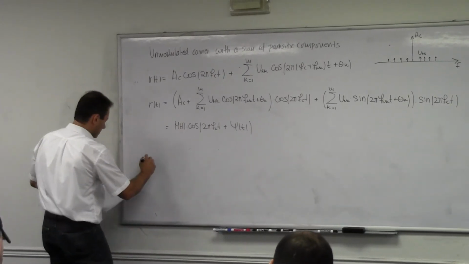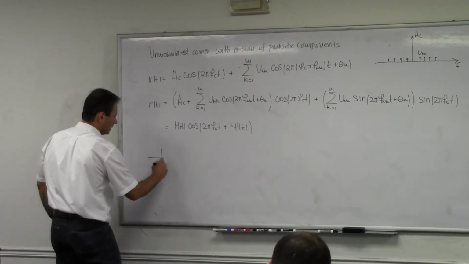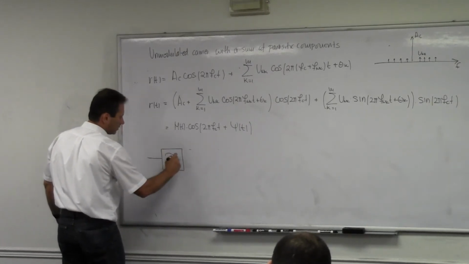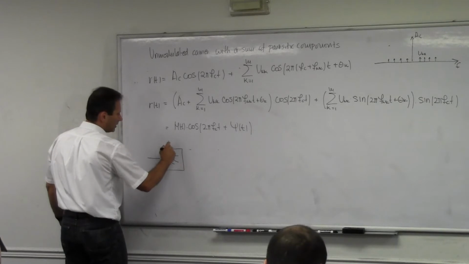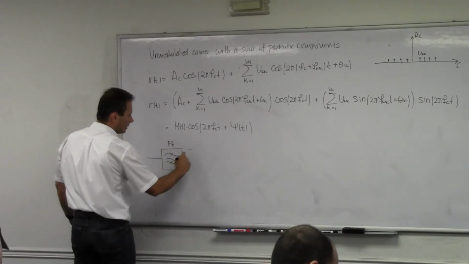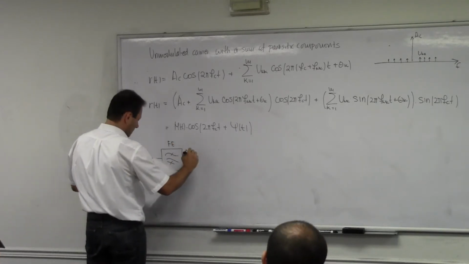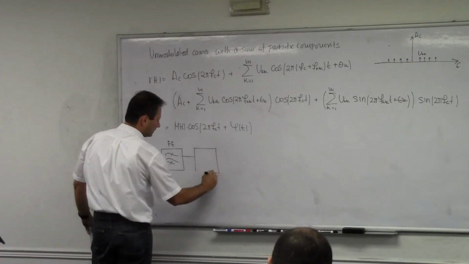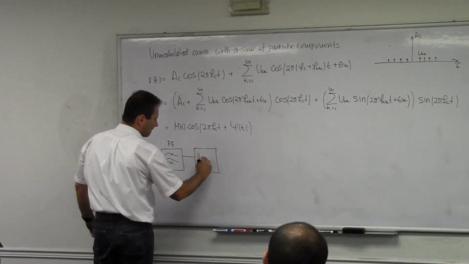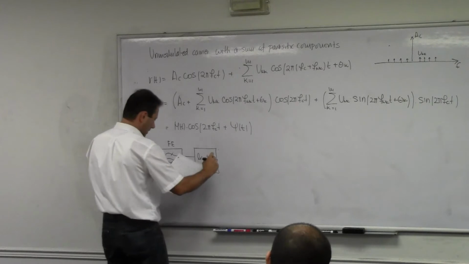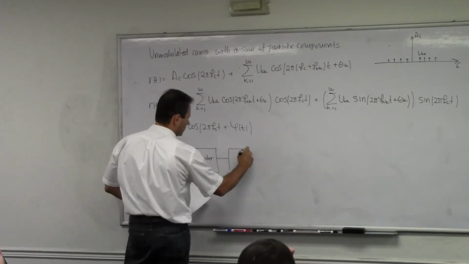so I guess let me put here again the structure of my receiver. Here's my front end filter. Here's my limiter here. And then here I have an FM demodulator.